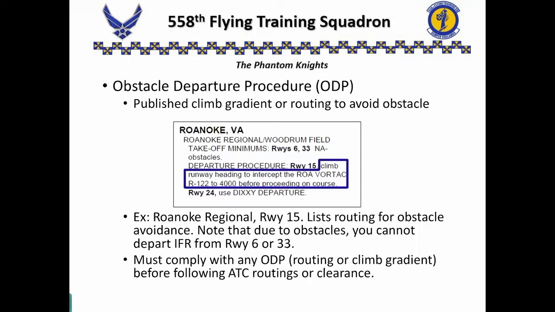If we receive a special ATC clearance that says on departure, fly a certain heading, climb to a certain altitude, we would first apply this departure procedure, and then when it was complete, then we would start following those special ATC instructions.